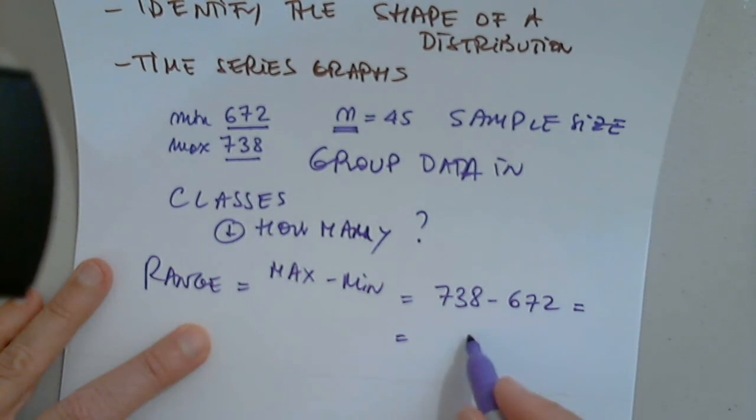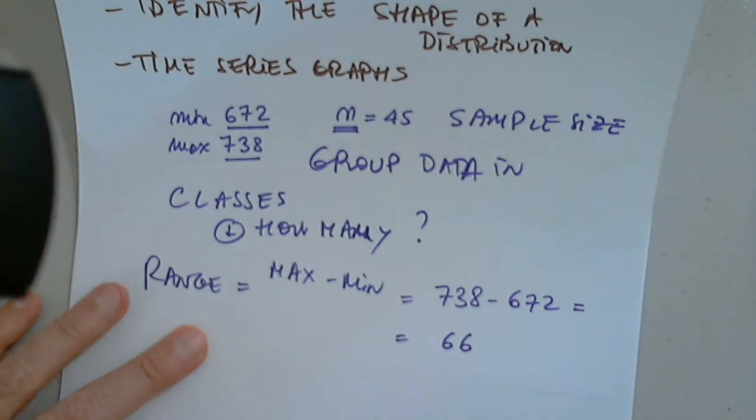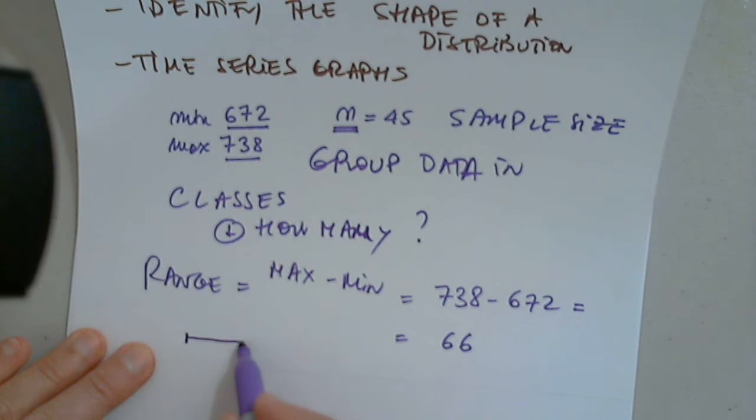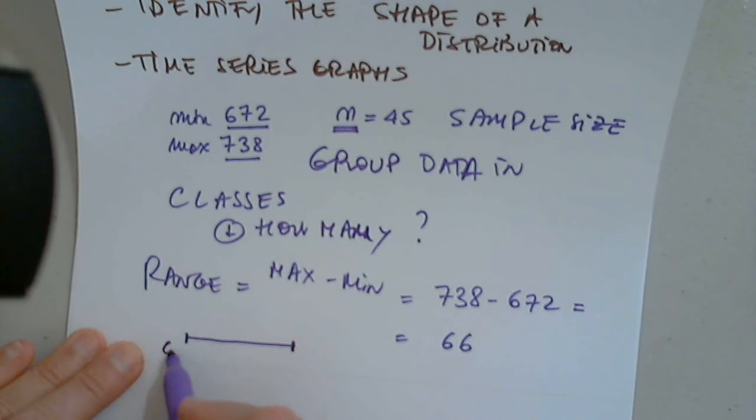So what is the range? 66, right? Yes, perfect. So the minimum 672 is here, the maximum 738 is here, and in between is 66.